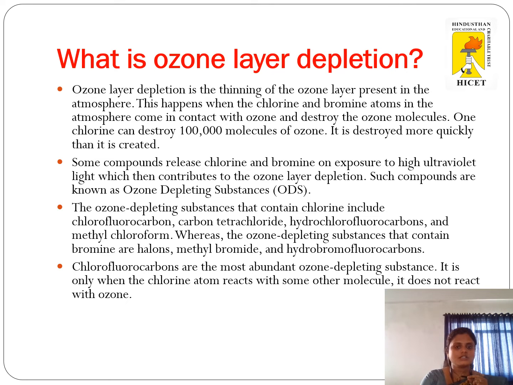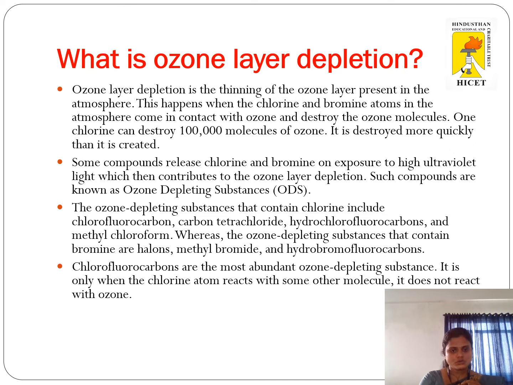Some compounds release chlorine and bromine on exposure to high ultraviolet light, which then contributes to ozone layer depletion. Such compounds are known as ozone depleting substances. The ozone depleting substances that contain chlorine include chlorofluorocarbons, carbon tetrachloride, hydrochlorofluorocarbons, and methyl chloroform.